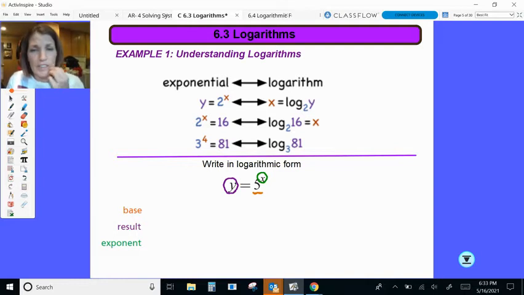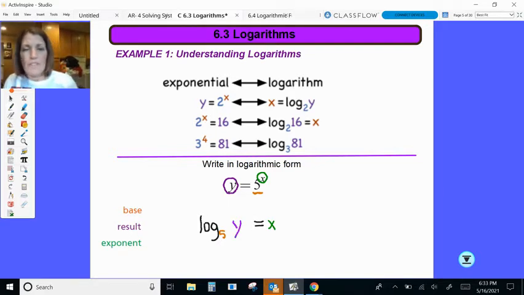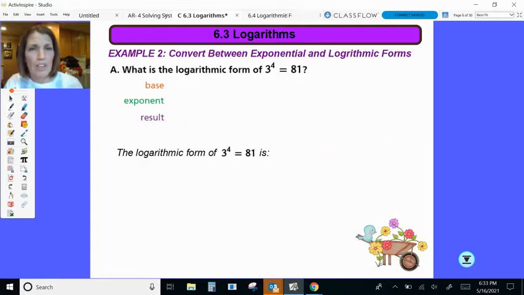So to rewrite this, we're going to say log, and we're going to use my base, which is 5, so log base 5. When I first started doing this, I'd say, well, it always equals my exponent, so it's always going to equal x. And then what's left over is my argument. So that's log base 5 of y equals x, and now I have it in logarithm form.